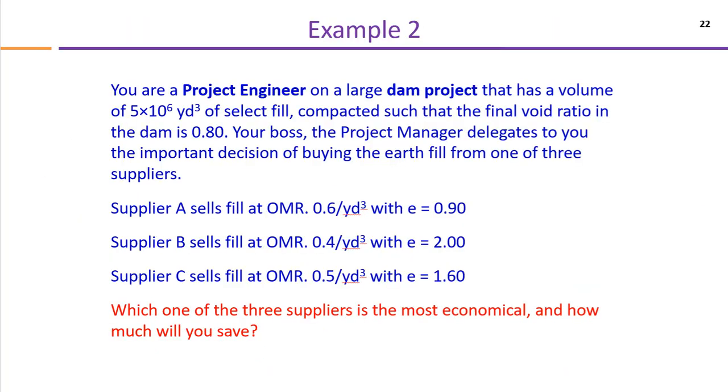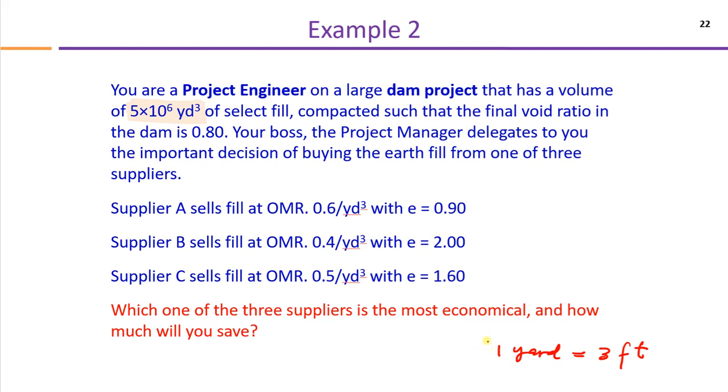Okay, here is another example, and the example is that there is a large dam project being constructed. The volume of this project is 5 million cubic yard, 5 into 10 raised power 6 cubic yard. And remember that 1 yard is equal to 3 foot.